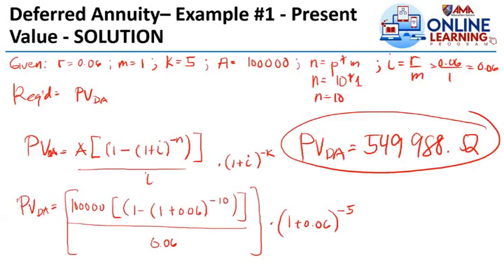Okay? So, A natin is 100,000. So, yung N natin is, yung P is 10 years, then ang M natin is 1. So, N natin is 10. So, get natin yung I. So, that is, I is equals to R over M, wherein 0.06 yung R divided by 1, that is 0.06.